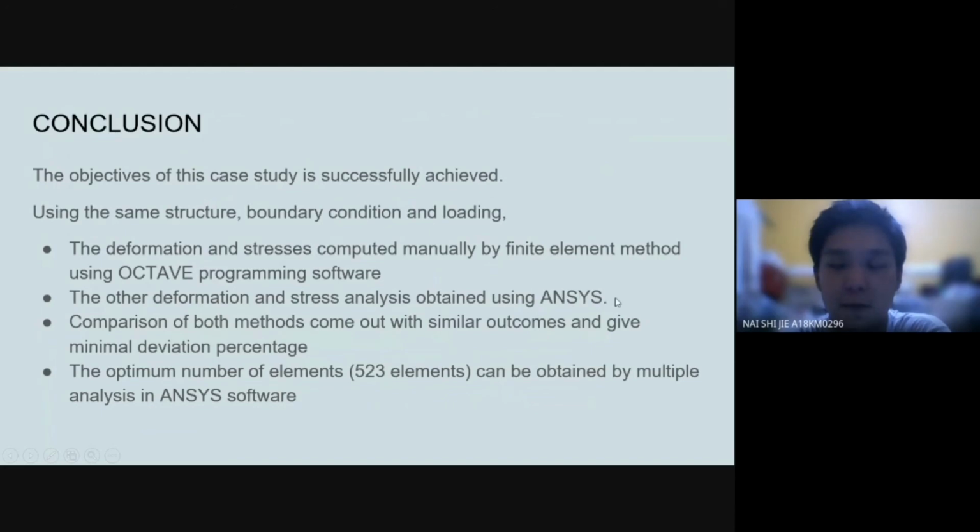Besides, ANSYS can help us do a simulation so we can know the condition of the model clearly. The comparison of both methods comes up with similar outcomes and gives a minimal deviation percentage. The optimal number of elements in this study is 523 elements. It is obtained by multiple analyses in ANSYS software and by using the method we call the convergence test.